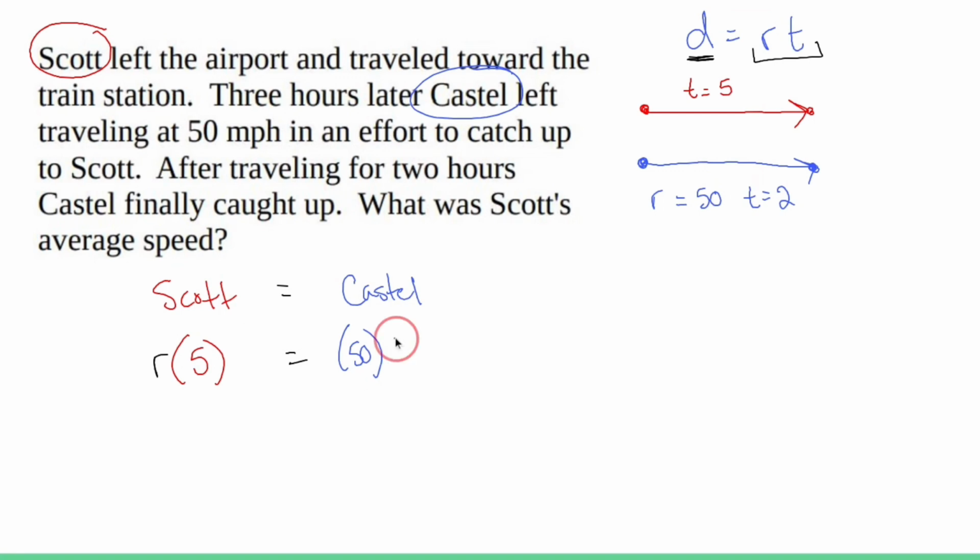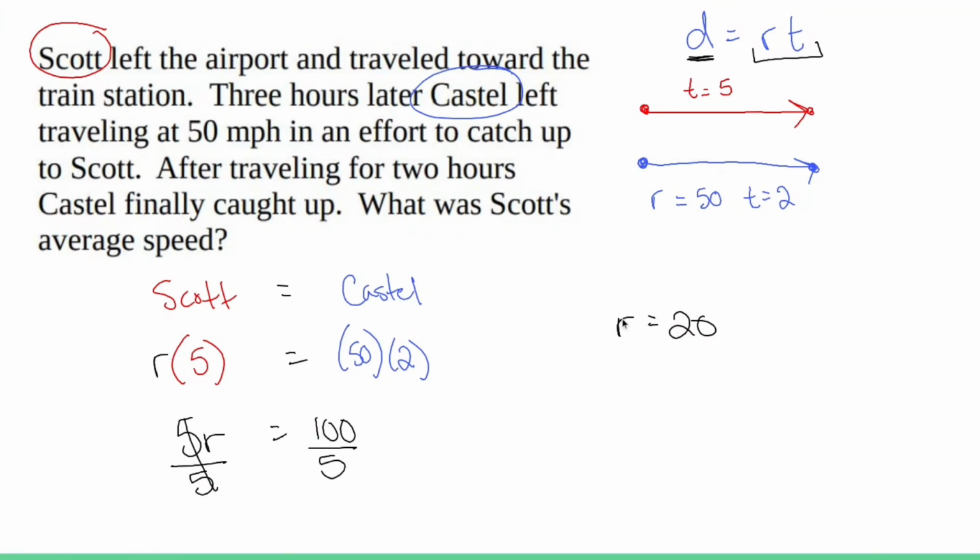So now, in an effort to clean this up, I have R times 5, which is 5R, equals 50 times 2, which is 100. Divide both sides by 5, cross you out, and R equals 20. Now, what does that mean?